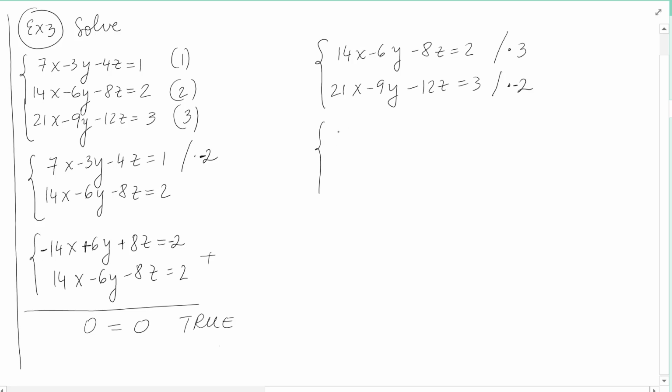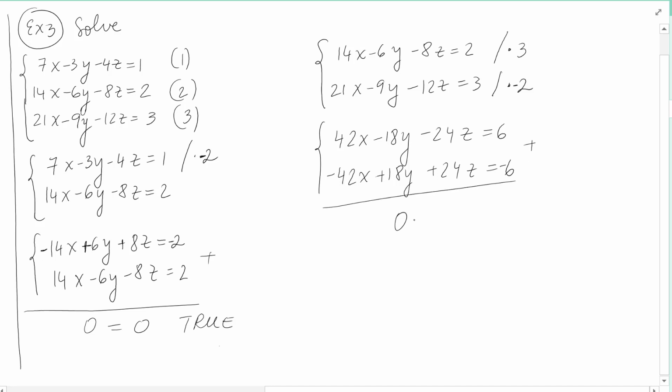The first equation is going to be 42x minus 18y minus 24z equals 6, and -42x plus 18y plus 24z equals -6. So when we add them together, again we get 0 equals 0, which is true.